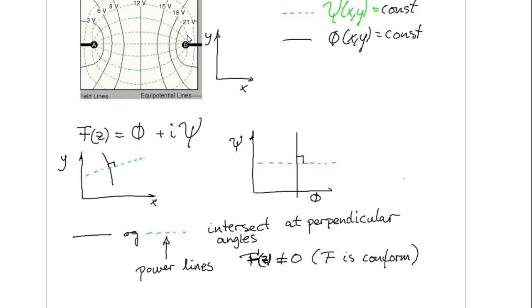That means that it's not only analytic but also has the property that the derivative is different from zero. In this case, we have a situation where the inverse of the conformal mapping exists.